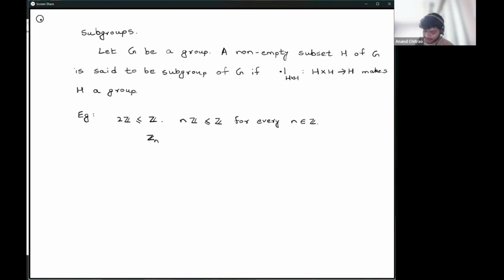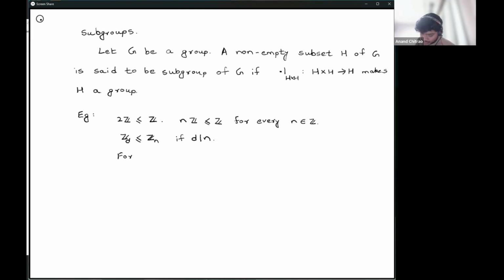So, it turns out Zd is a subgroup of Zn if d divides n. Okay? Zd is a subgroup of Zn if d divides n. But you can say something more.